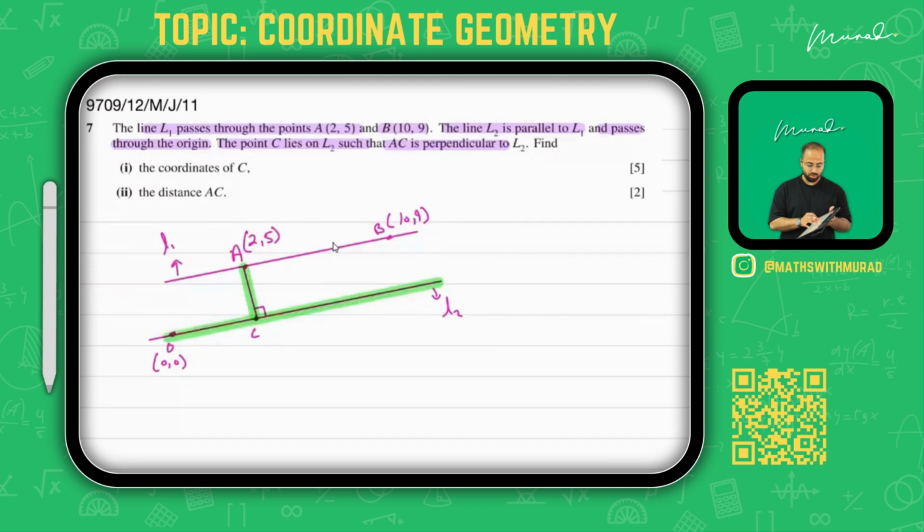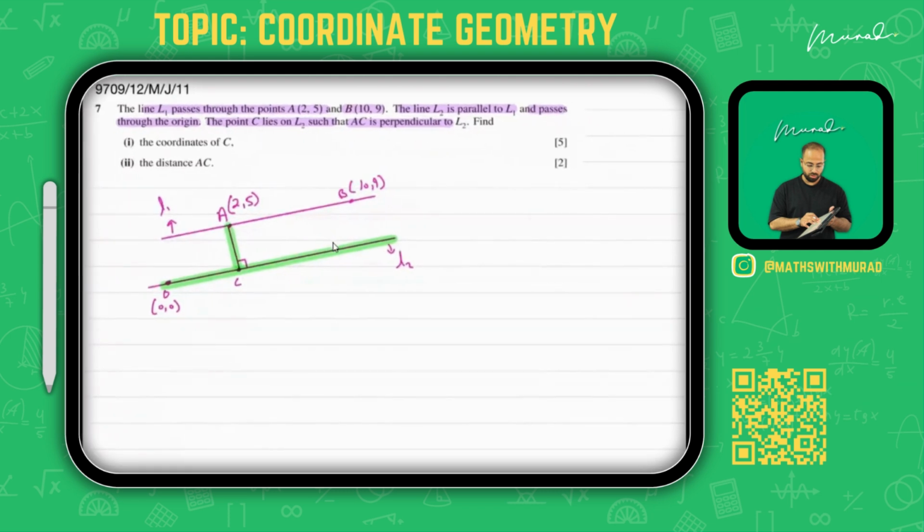Now the first thing we are going to do is take out the gradient of this line. We'll find the gradient of AB. We know the coordinates, so I'll use the formula (y2 minus y1) over (x2 minus x1).